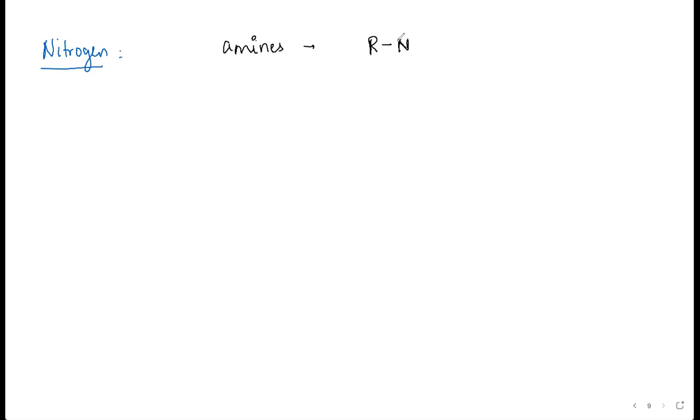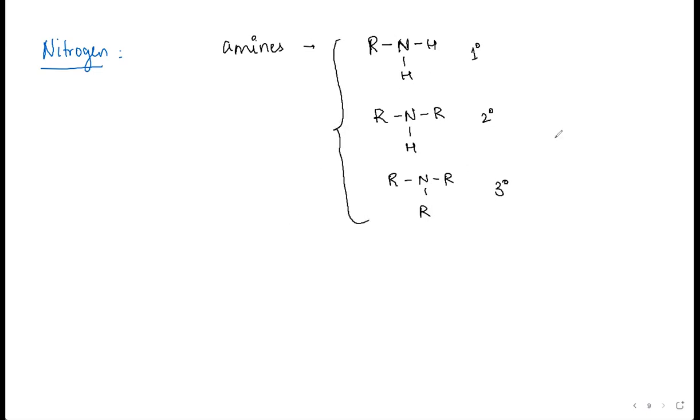If only one carbon atom is attached to nitrogen, the other two will be hydrogens, and it's called a primary amine. If two alkyl groups are attached to nitrogen, there's only one hydrogen, and this is called a secondary amine. If all three bonds of nitrogen are taken up by carbon atoms, it's called a tertiary amine. But all of them come under amines: primary, secondary, and tertiary.